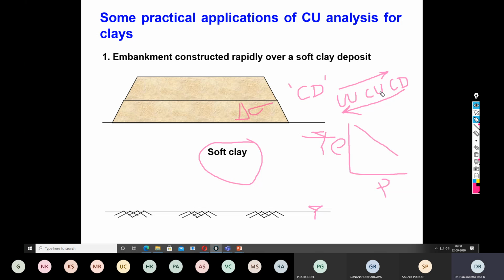It will not completely achieve the undrained condition because the soil is fully consolidated. You are achieving the undrained to the drained condition depending on the permeability of the soil mass. That is the reason all your consolidation equations are a function of K. If you remember, Cv is equal to K by gamma w.